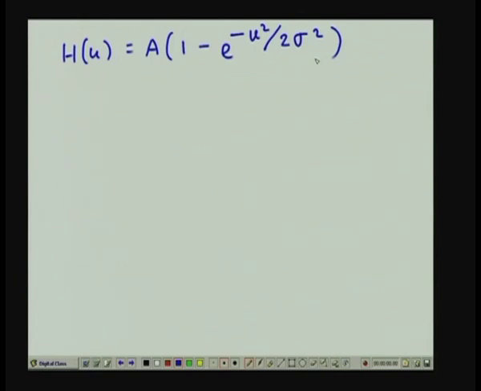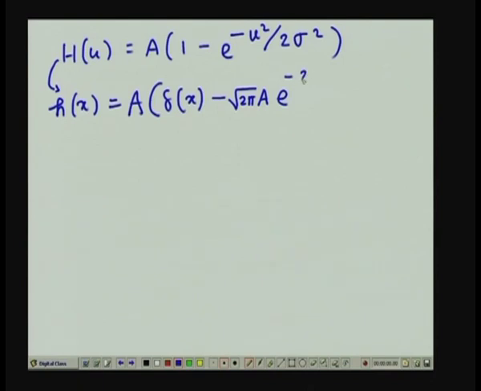So, this is the high pass filter which is defined using the Gaussian function. If I take the inverse Fourier transform of this, the corresponding spatial domain filter will be given by H(x) = a δ(x) - √(2π) a e^(-2π²σ²x²).